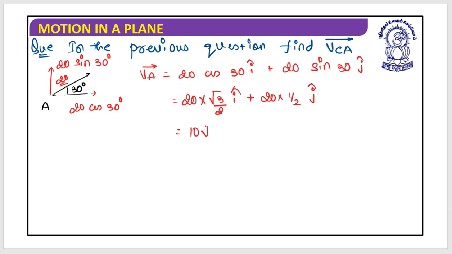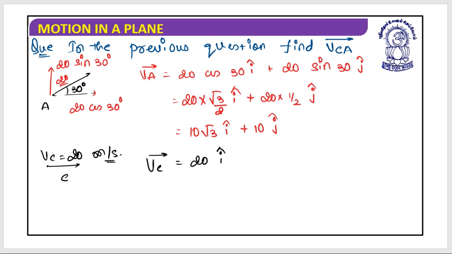This would be 10 root 3 i cap plus 10 j cap. And velocity of C, this VC is equal to 20 meter per second. So this VC is equal to 20 i cap.